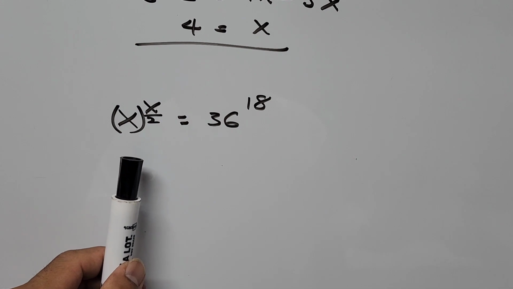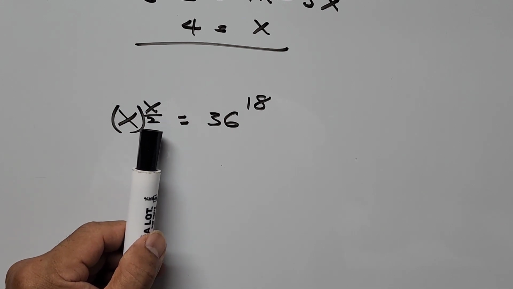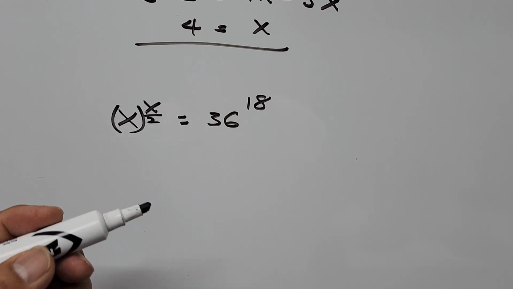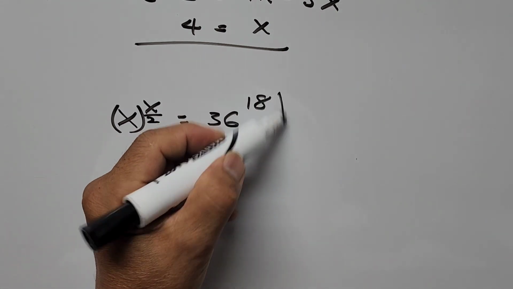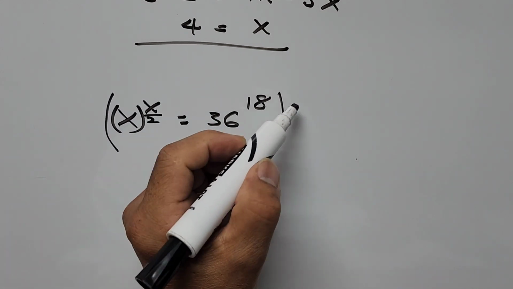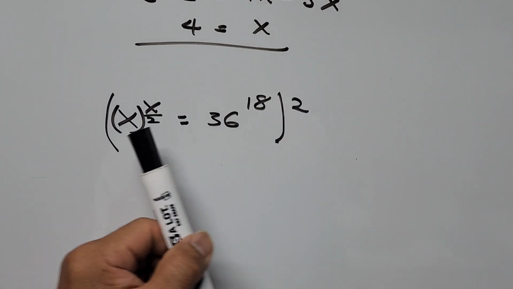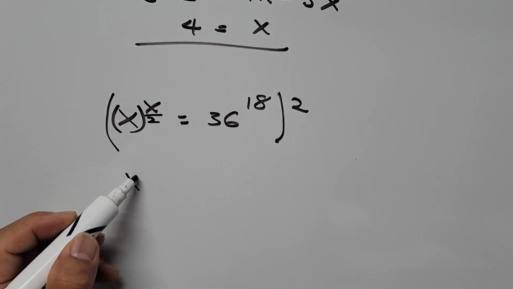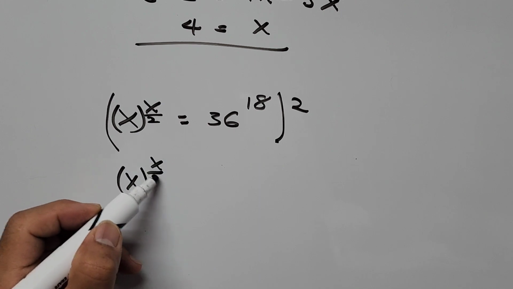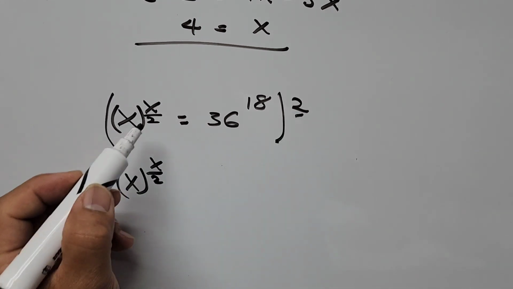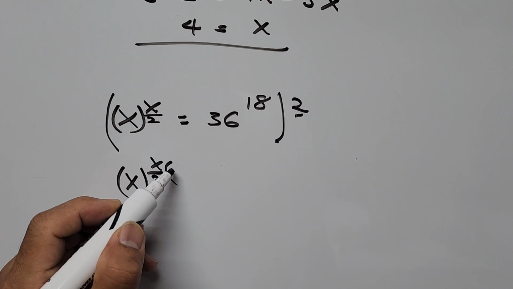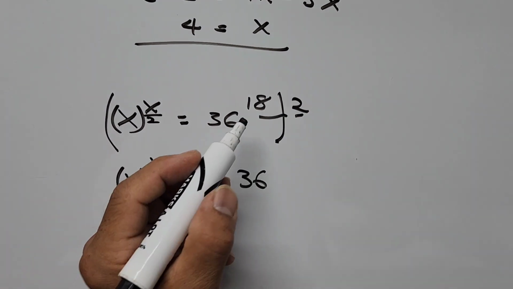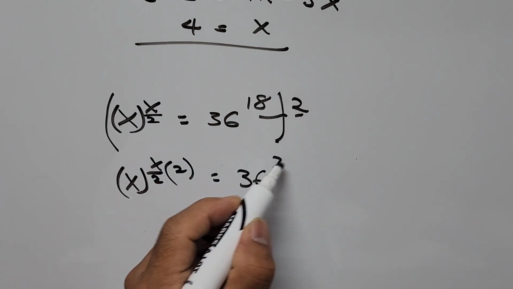So what are we going to do? We need to get rid of the denominator in the exponent, right? In that case, we'll be raising the whole equation to the exponent 2. So we have x to the power of x over 2, multiplied by 2, equals 36 raised to the power of 18 times 2, which is 36.